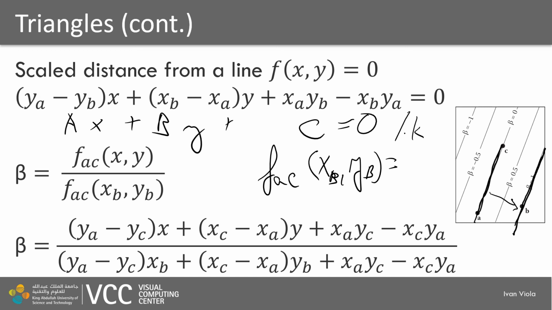The value will be equal to some constant, and then this value we will scale our function of the implicit line FAC by, or actually by its reciprocal, and through this we will make sure that the value of this function of this line at the position when it reaches B will be 1.